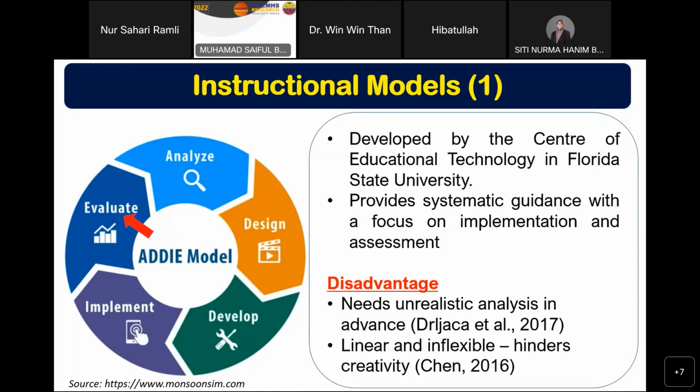And because there is a lot of analysis, there are linear and sort of inflexible steps set in the analyzing phase. Because of this linearity and inflexibility, it can also hinder the creativity of educators in creating the tool.